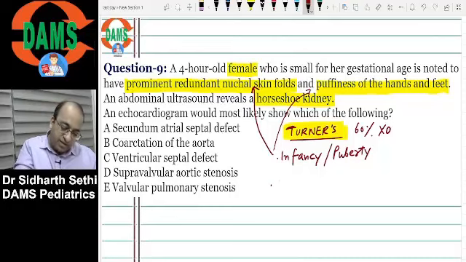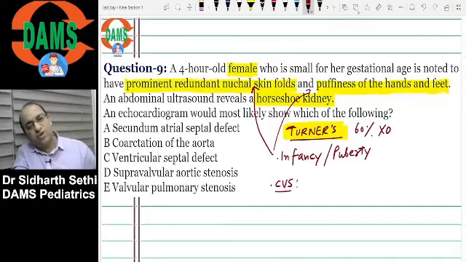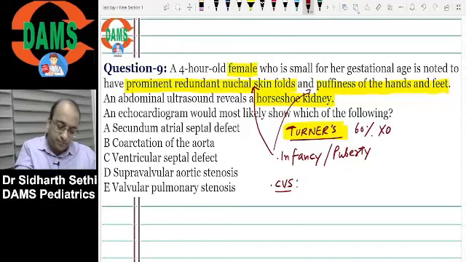Now let's talk about the cardiovascular abnormalities. Horseshoe kidney is not so common, but somehow it is commonly seen in Turner syndrome. But the most common abnormality is cardiovascular. Almost half to two-thirds of these children have a bicuspid aortic valve.